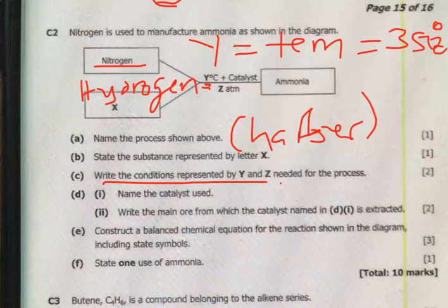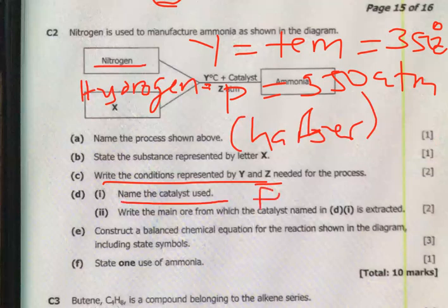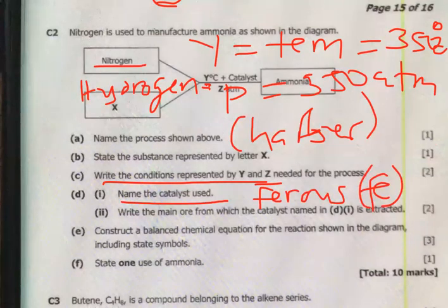Z is the pressure, about 350 atm, because they have given us the units. So it's important that you give the numerical value of the item itself. Name the catalyst used. The catalyst used is fine iron. It's iron. Construct a balanced chemical equation for the reaction.